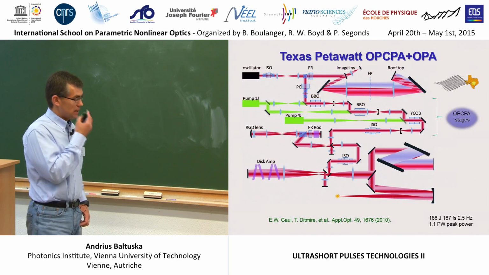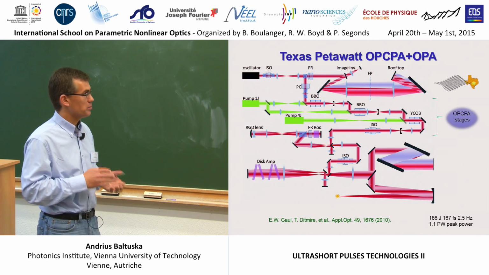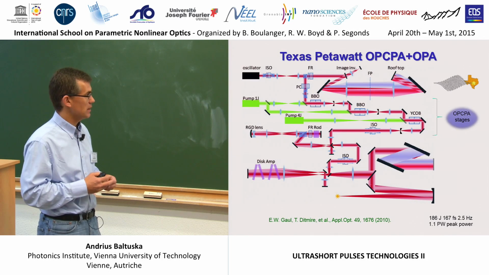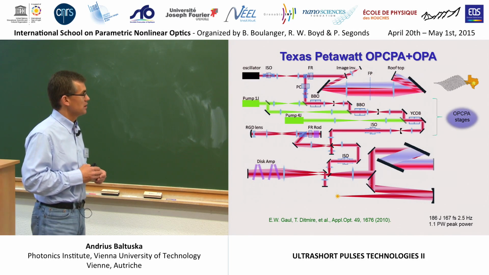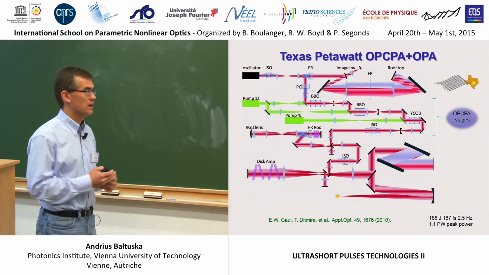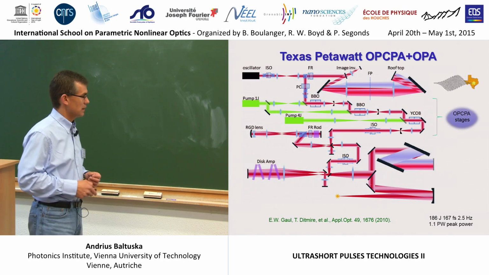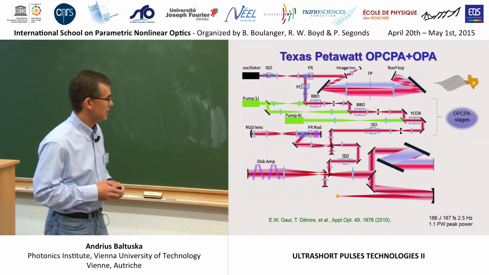And nowadays, this kind of mixtures of OPCPA and CPA, they're used in many places. One of the biggest lasers that would be several times bigger than this room is the Texas petawatt laser by Todd Ditmire and the team.